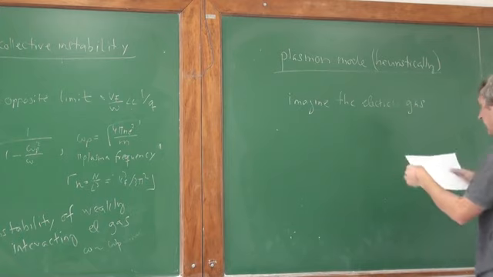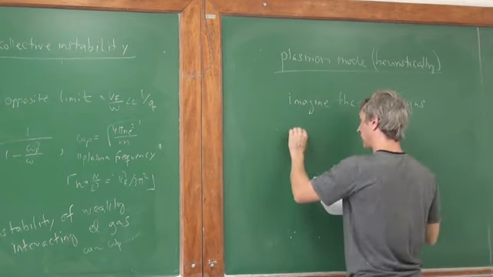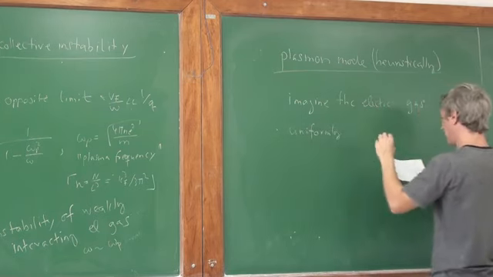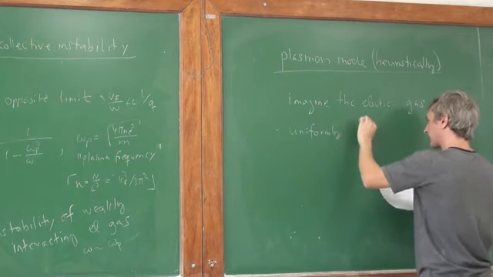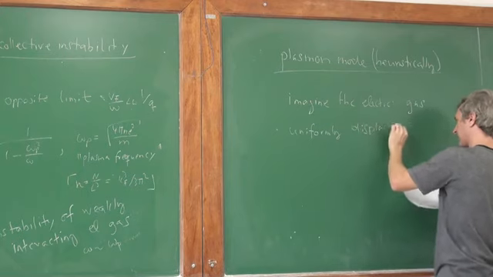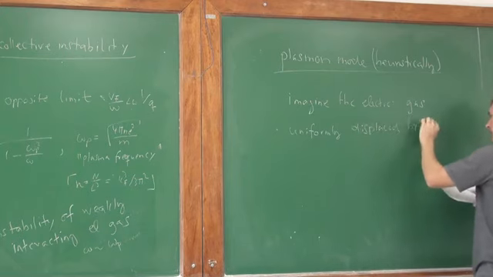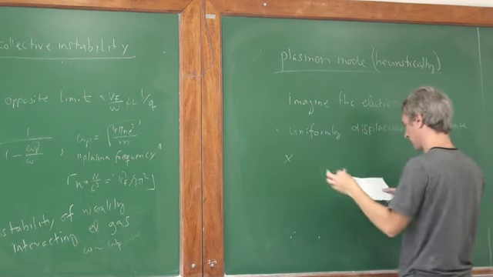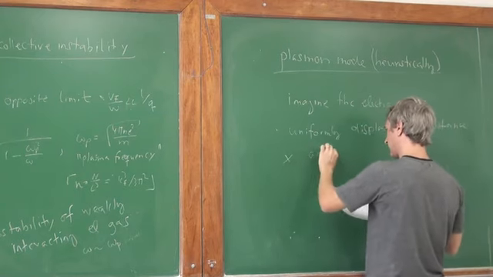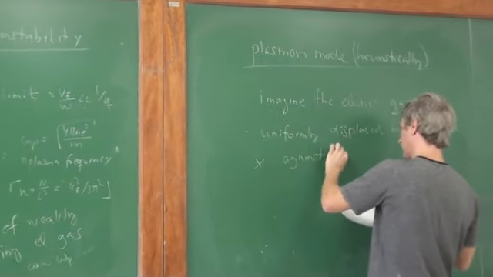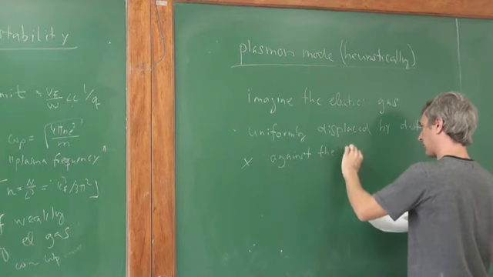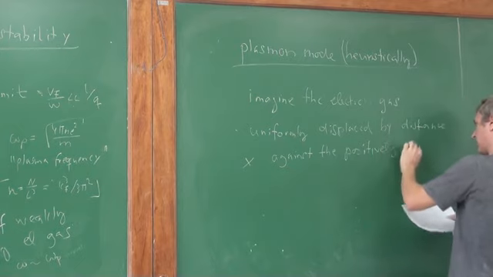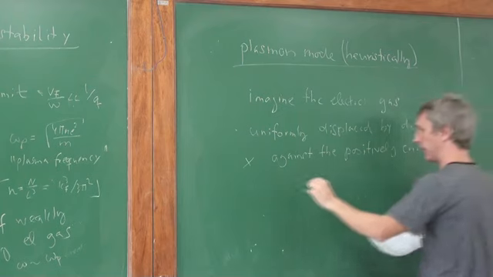So imagine all this electron gas, uniformly on the positive background, being uniformly displaced by some distance, let's call it x, against the positively charged background.